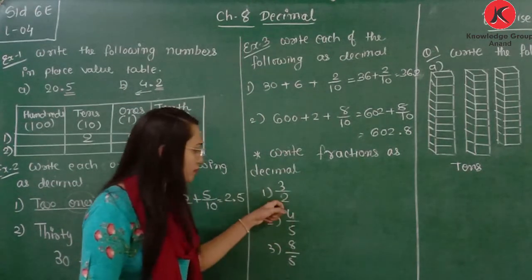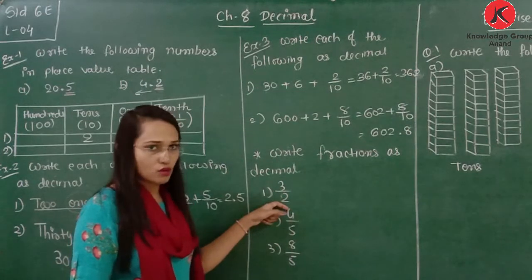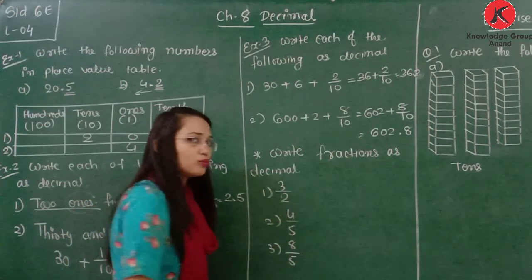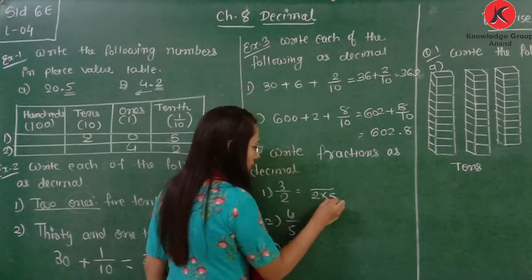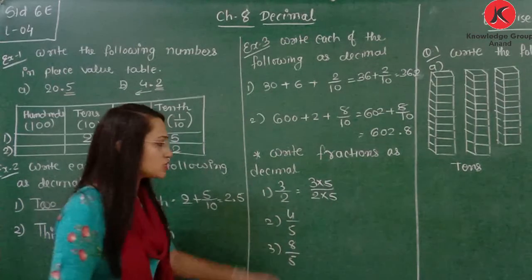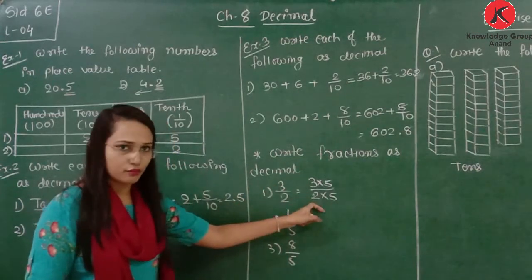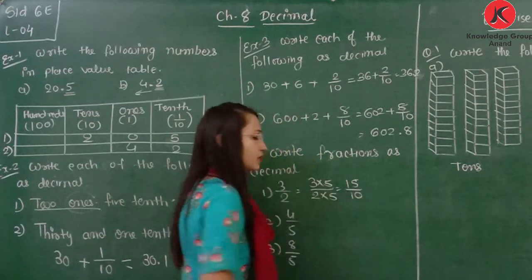By which number should we multiply 2 to get 10, 100 or 1000? If we multiply 2 with 5, we get 10. The same number we multiply in the numerator. This is the equivalent fraction. So here 15 by 10.